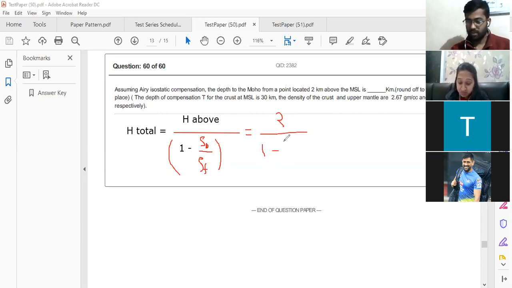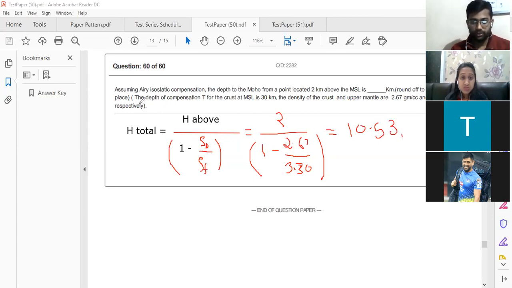1 minus 2.67 divided by 3.30. Calculate this, you will get 10.53.